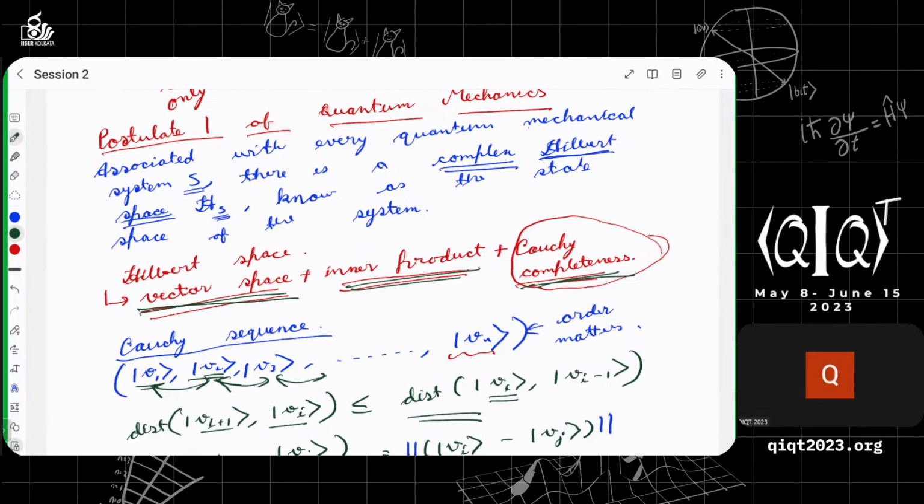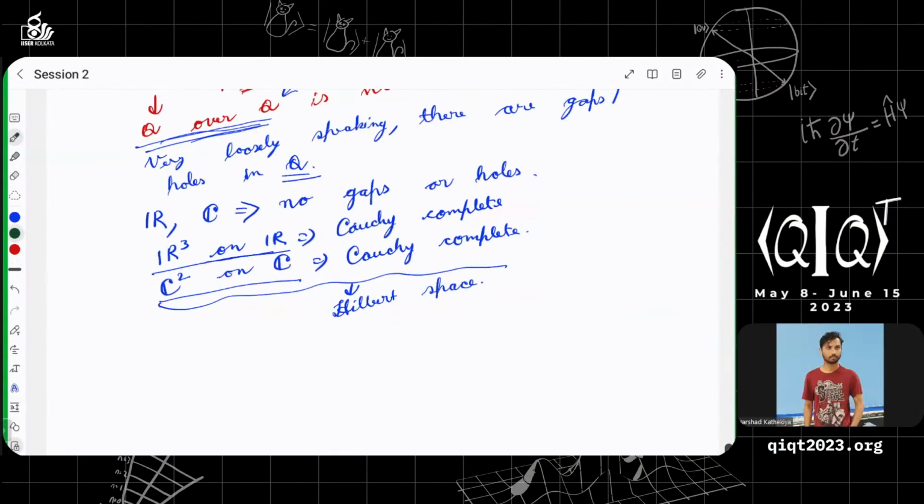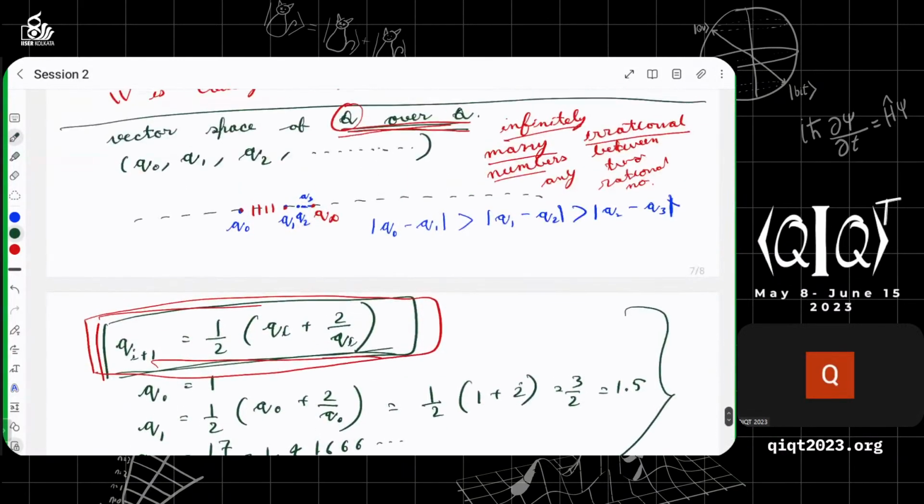Okay, so any other questions? No, thank you. Hello, I have a small doubt. You previously said that there should be no holes. So what do holes represent here? Holes are, in some sense, a discontinuity in the space. For example, in the vector space of rational numbers, there are some irrational numbers missing in between, right?